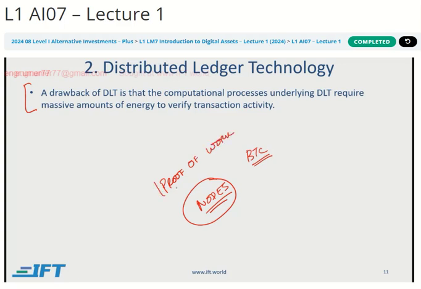They have to solve complex cryptographic puzzles, which requires computing power, right?